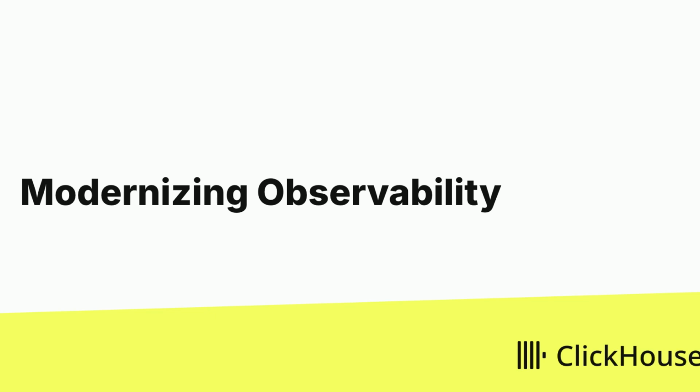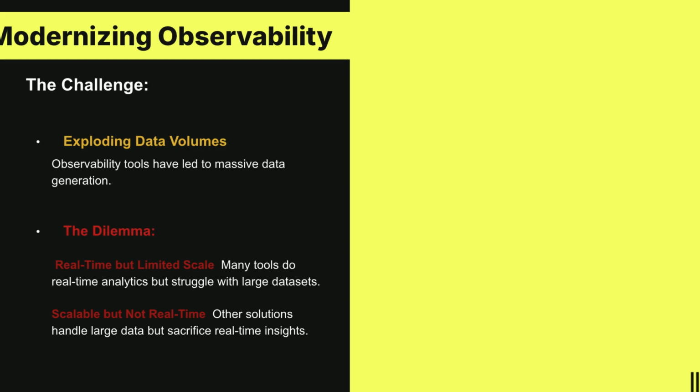So for the second part of this presentation, speaking about the use cases, we'll speak about how we can modernize observability in ClickHouse. In recent years, we see that observability tools generate a lot of data. We are speaking about petabytes every time in these use cases.